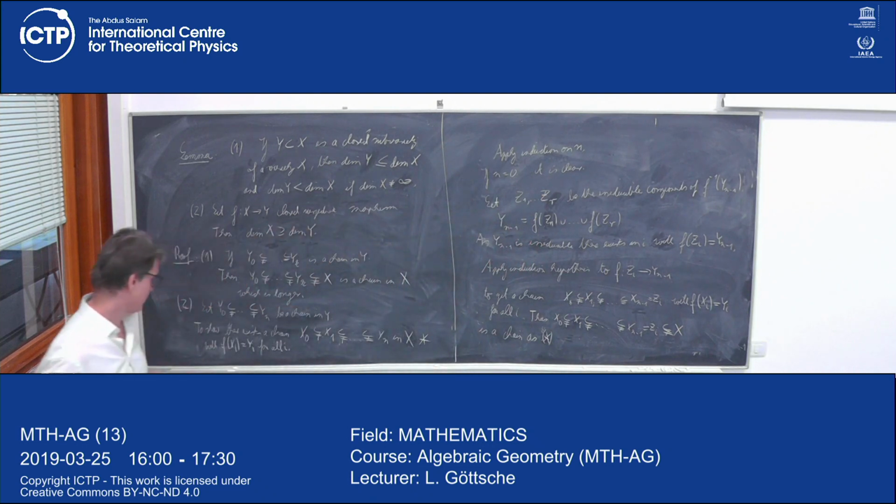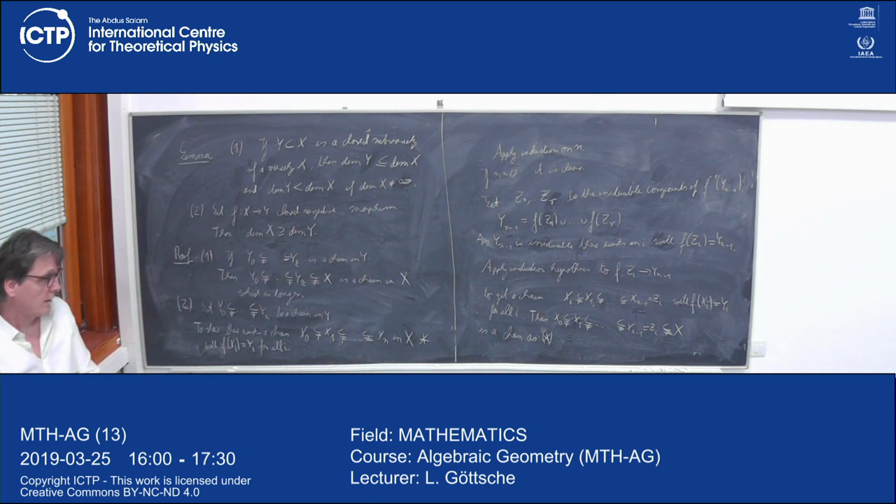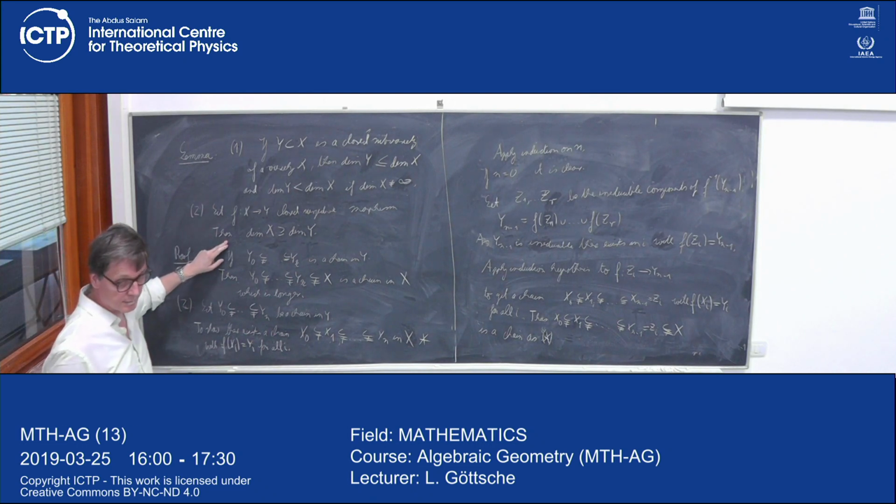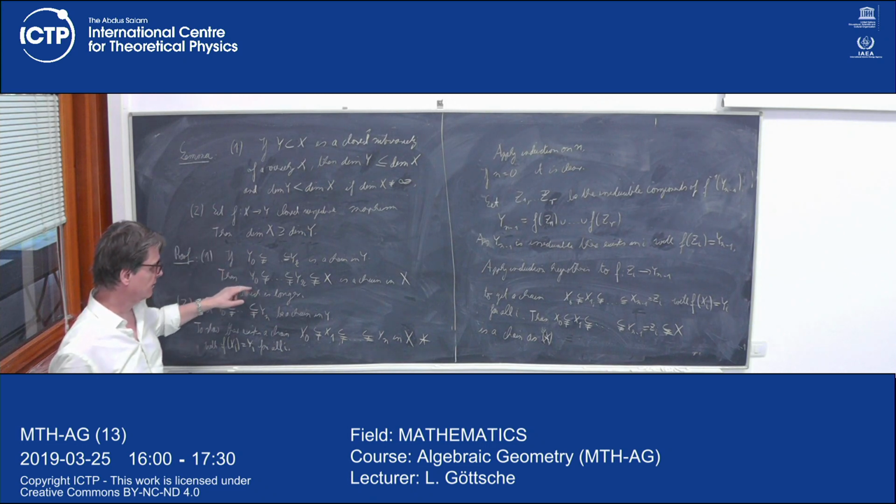Okay, so this shows that indeed the dimension of x is bigger or equal to that of y, because for every chain in y we can find one which is at least as long in x.